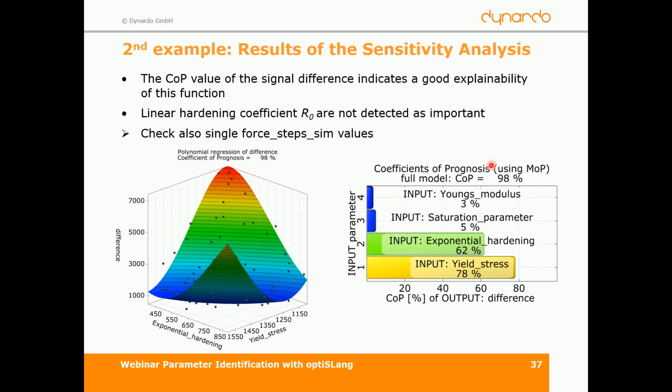And you see here also that for the response differences, we have a COP value of nearly 100%, and we start with 5 input parameters, and you see here only 4 input parameters are important for this response differences.